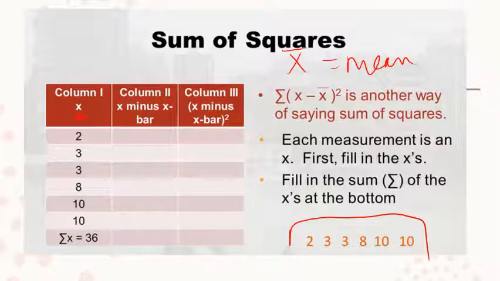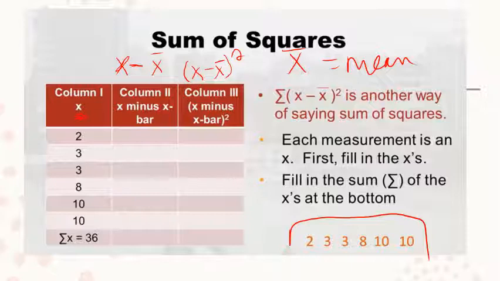So column 2 is your data value minus your mean. And in the next column, this is going to be whatever that value minus the mean is, squared. Okay, so let's go ahead and do that.